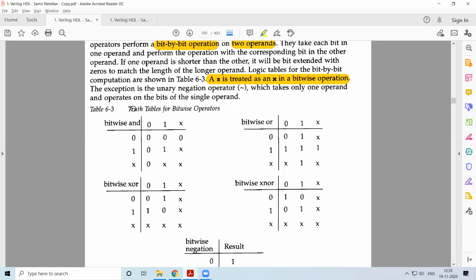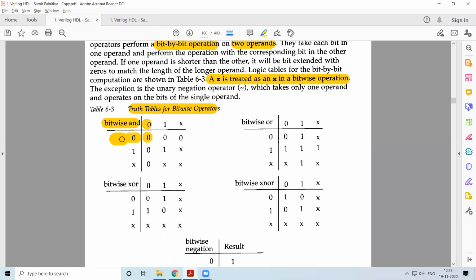So let us see the truth tables of these operators. The first one is AND. In the AND operation, what is the condition? If any one of the inputs is 0, the output is 0.